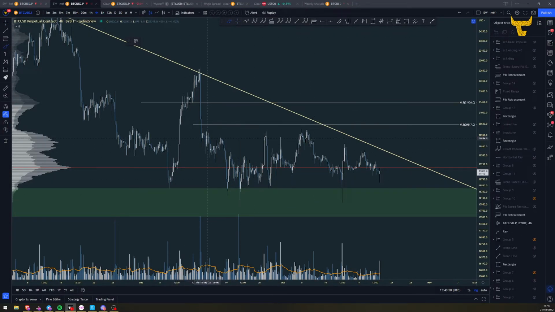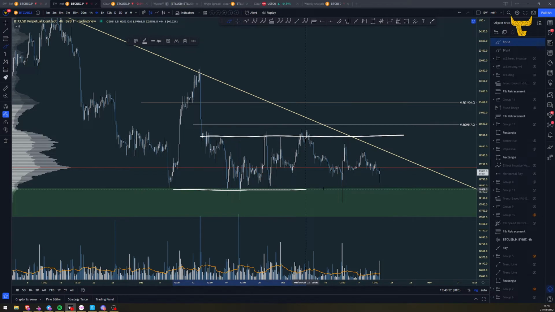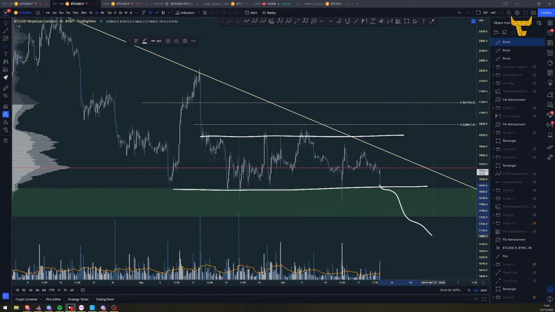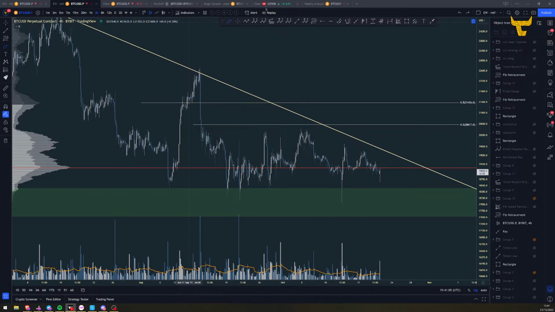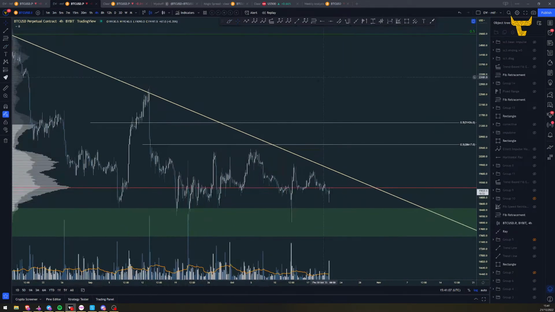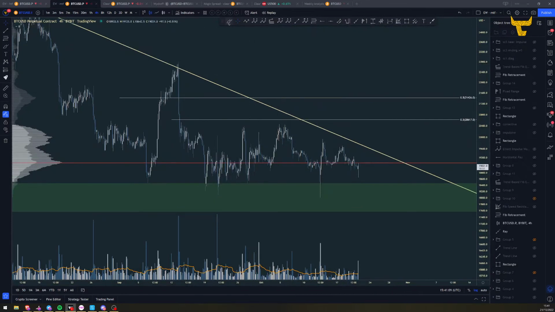All we can do, again, as I emphasized previous times, is focus on the range here and which side it's going to break. And at that point, we try to make sense out of it.